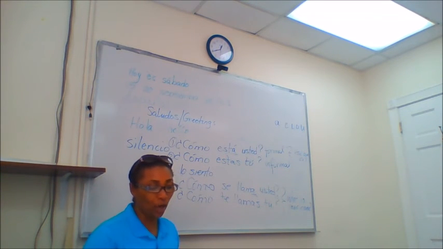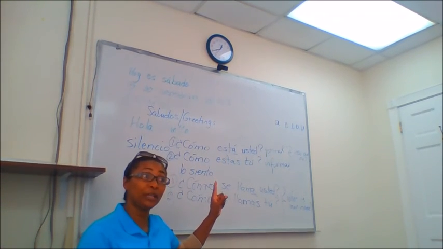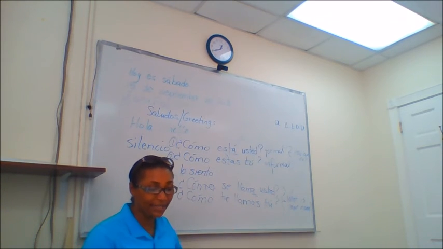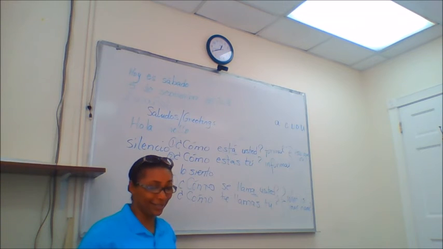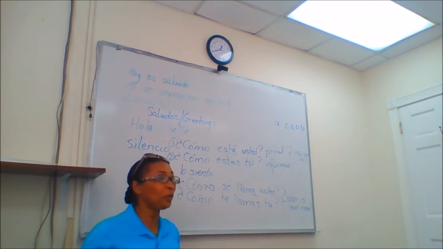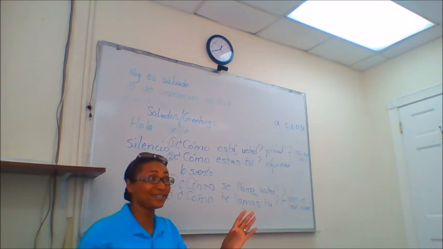Where are you from? A question. ¿De dónde es usted? That question can also be in an informal way. How would we ask that? ¿De dónde eres tú? We will learn that when we conjugate the verbs ser, which is to be, and estar.